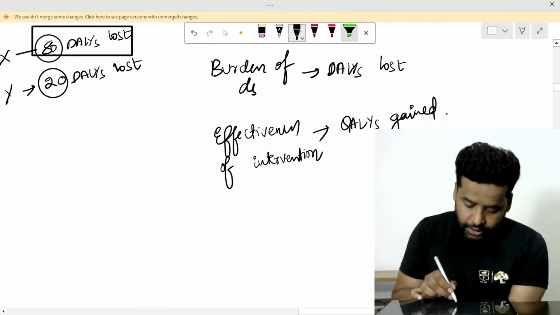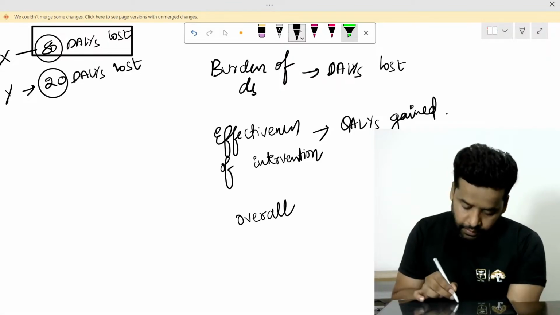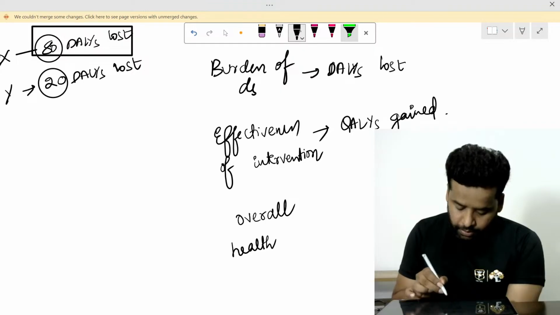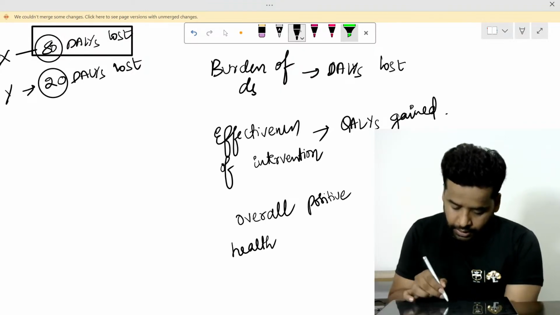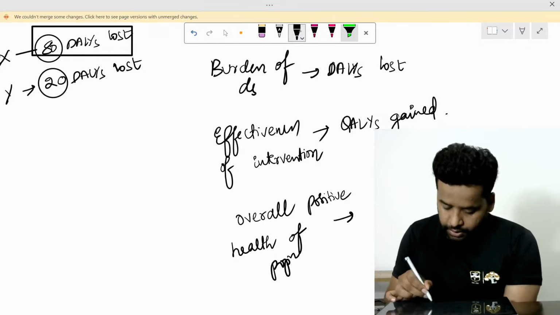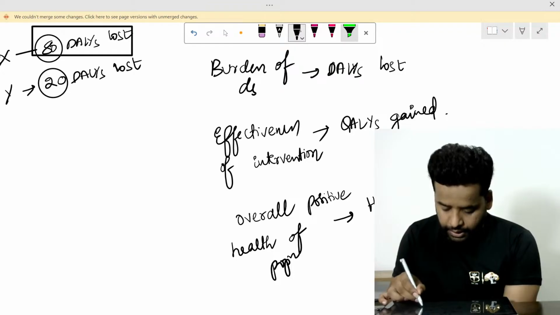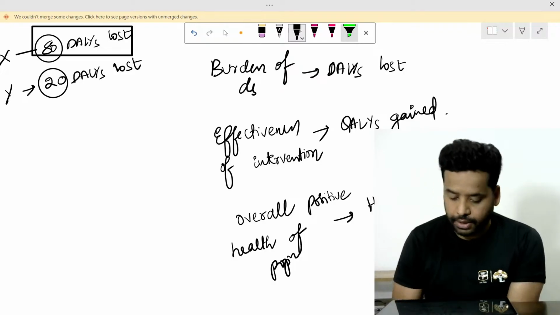If they ask which is an indicator for the overall positive health of the population, then your answer should be health adjusted life expectancy, HALE.